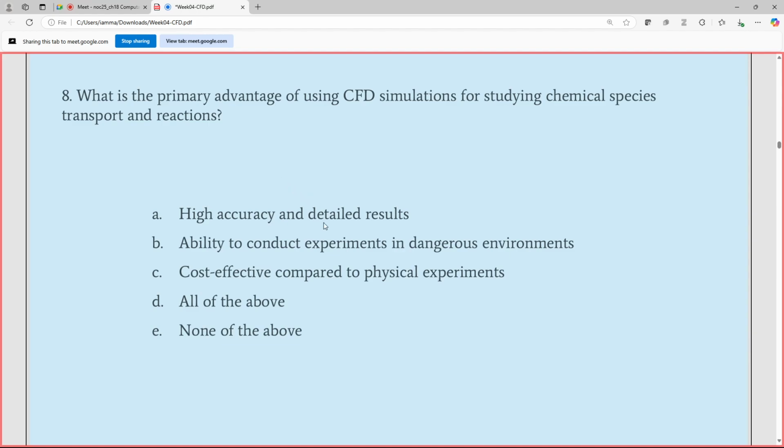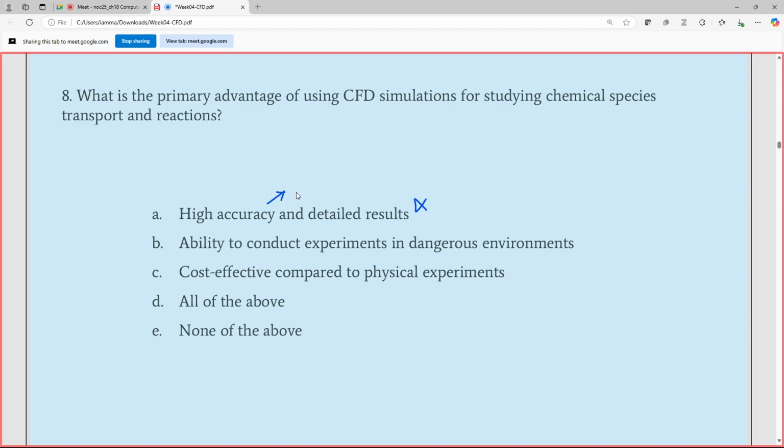So let's check our options. High accuracy and detailed results are not a forte of CFD simulations. In CFD simulations, the accuracy is often a choice of the doer.